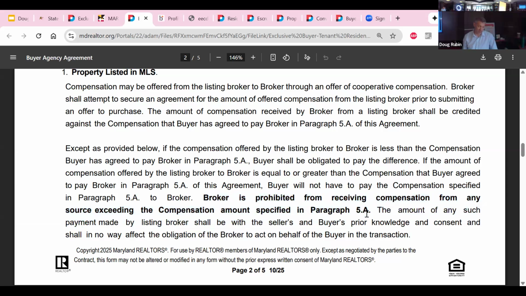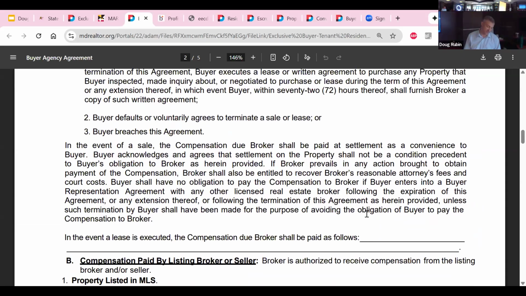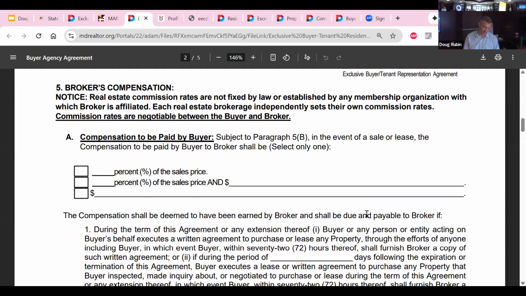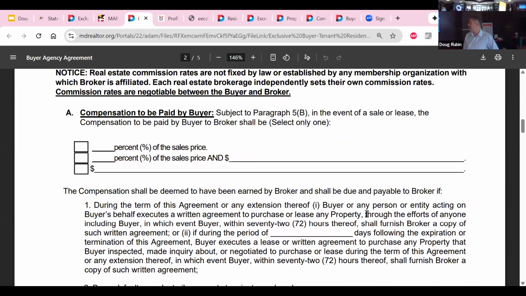Buyer is prohibited from receiving compensation from any source exceeding the compensation amount in paragraph 5A. So if you were charging 3% plus a $500 fee, and you don't want your buyer to pay for it, you need to ask, and it needs to be in writing, that either the seller or the listing broker is going to make that payment on your behalf.